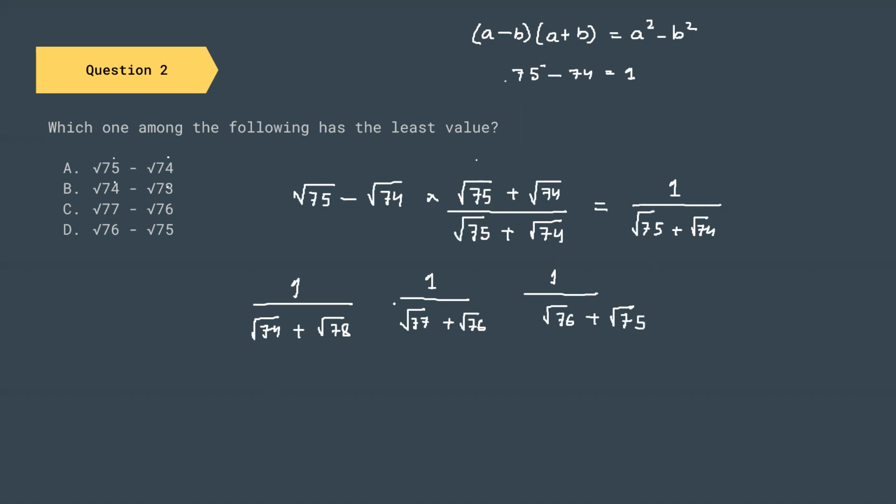Once you have written all this, for option number C, you can see that the denominator is highest.